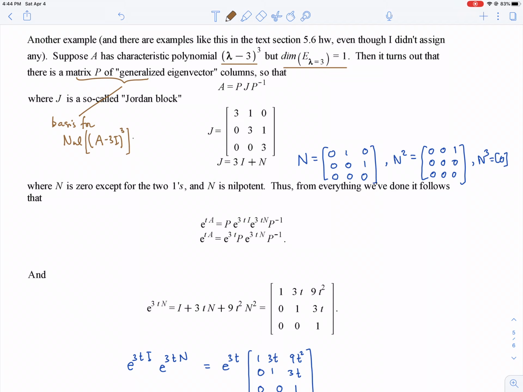And in this example, that null space is all of R3.